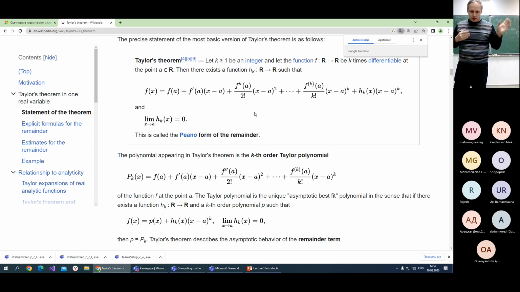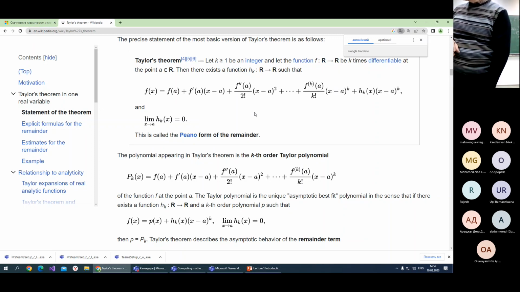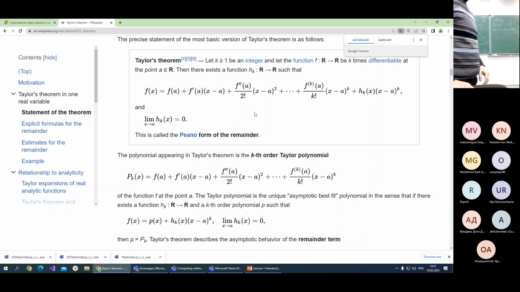We will use this series, we will use this formula in different methods. In the case where we should compute the value of the function at some point using the value of the function at another point.